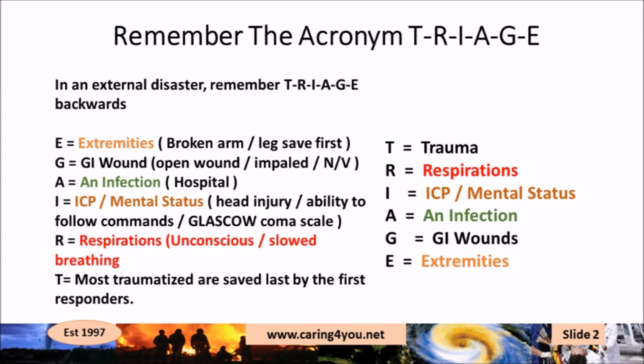R stands for respirations. This would be if a person is unconscious or if a person is breathing slow. These are the type of examples for respirations. And T stands for most traumatized are saved first. So T stands for trauma.